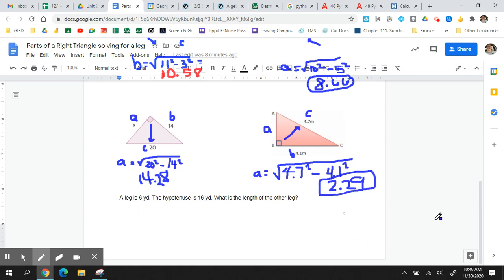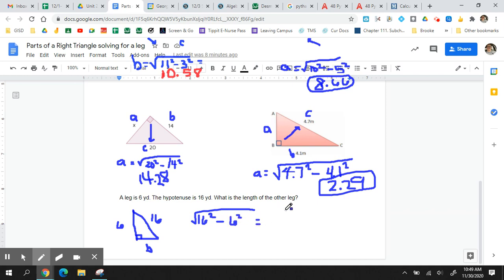Alrighty, so now we have a little bit of like where we don't have a picture, so we can draw ourselves a picture. You can do it without a picture. If it helps draw a picture, that's a horrible triangle. It's still going to work though, because I have 6. I have a hypotenuse of 16 because it's directly across from my right angle. And I'm looking for this leg. Maybe I'm looking for B. So I have 16 squared, all under the square root sign, minus 6 squared.